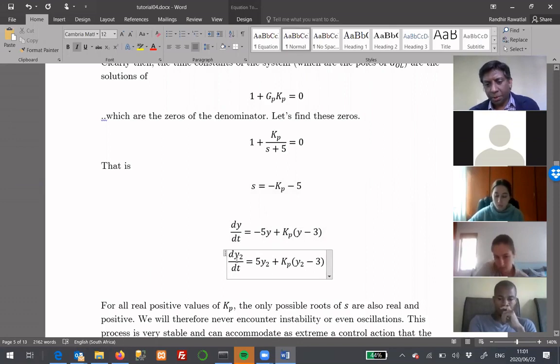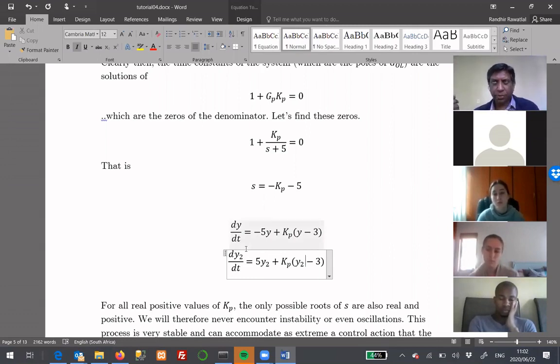Right now, this problem tends to run away. You can see, even if you have a small value of y2 to begin with, let's say your initial value was 1, then as time goes on, after 1 second, 5 times 1 is 5. So this is positive, your gradient is positive, so y is going to increase. And then 1 second later, it's going to be a value of, what was the initial? 2.